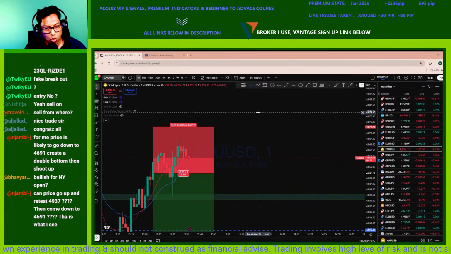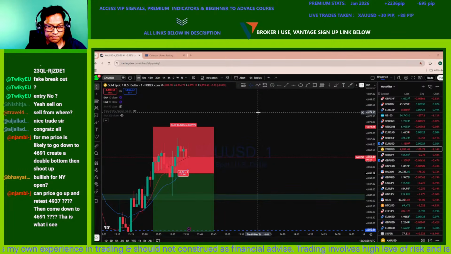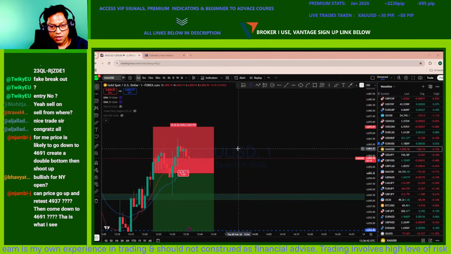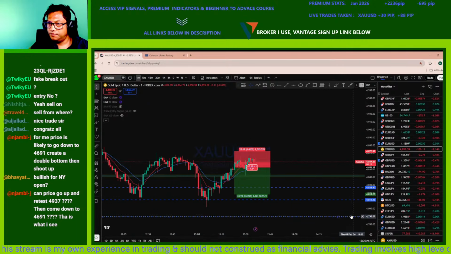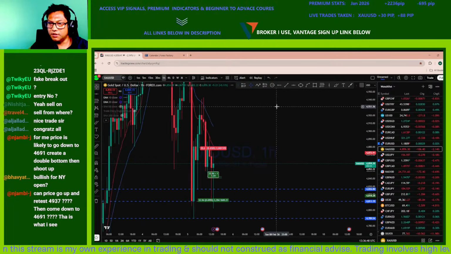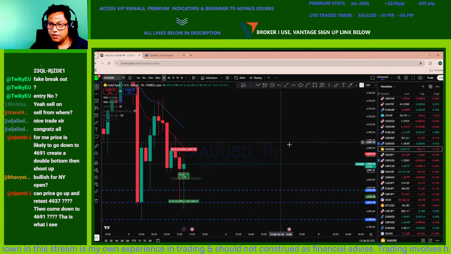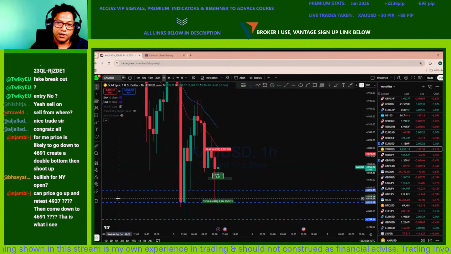Can price go up and retest 4937, then come down to 4691? That is what I see. At the moment, with the data, we can see some bullish, but I think that's not gonna change gold trend.